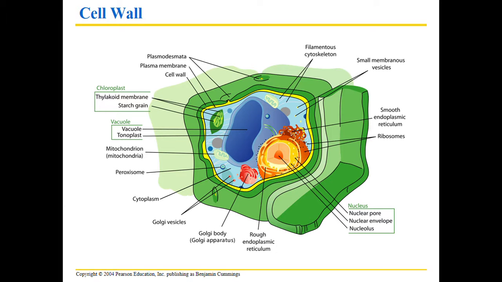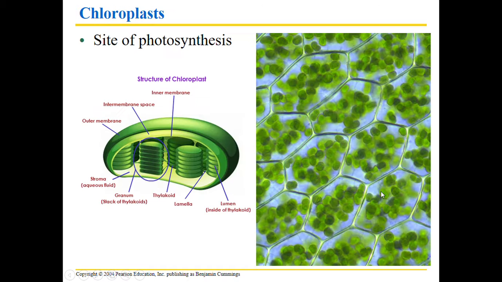So the cell wall in plant cells is on the outside of the cell. It's very structured, it's rigid, and gives plants their shape, basically. Then we have these chloroplasts inside of plant cells, and that is where photosynthesis occurs. So there are these green circles, and inside of the green circles, reactions happen to make energy via photosynthesis.